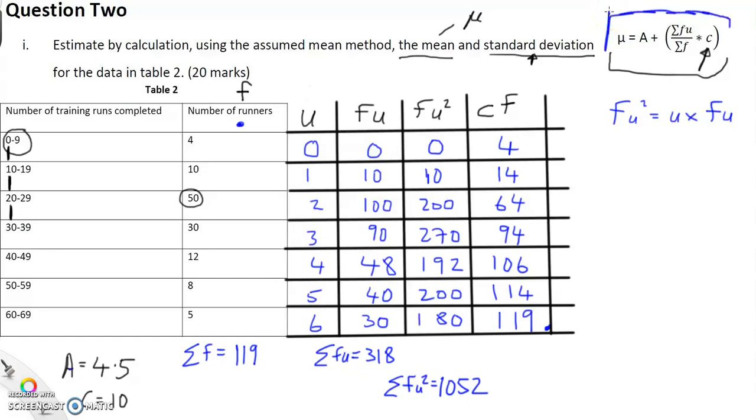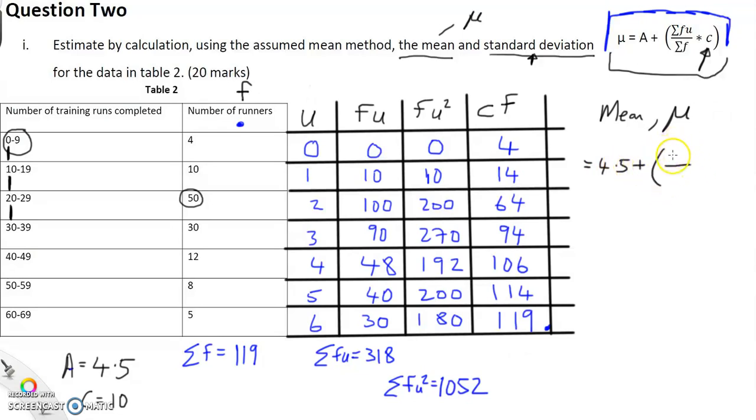Mu, or mean, equals A, which is 4.5, plus, open a bracket, and we have a fraction.